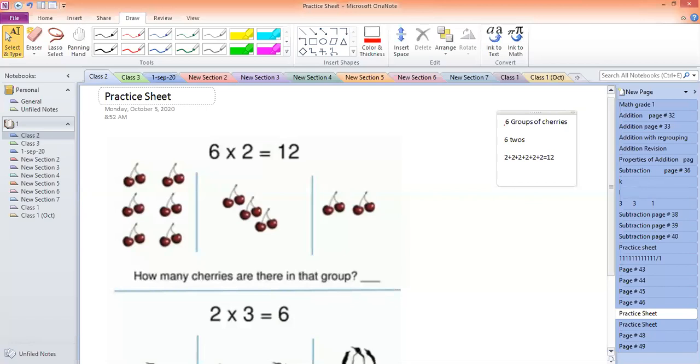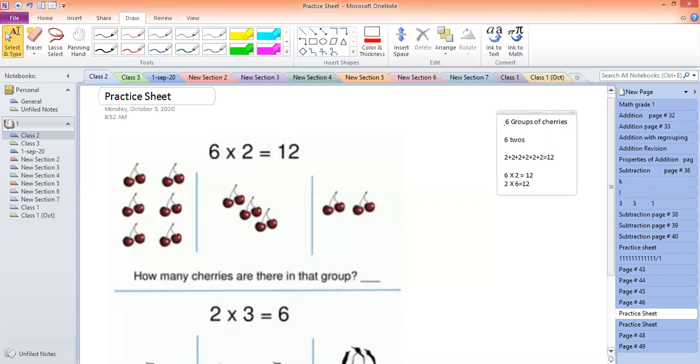Another method is I will find out how many total groups are there? 6. Or how many cherries are there in one group? 2. So I will multiply 6 by 2 and that will give me 12. Or I can say how many cherries are there in one group? 2. And how many total groups are there? I will multiply with that and that will give me the result that there are a total of 12 cherries.